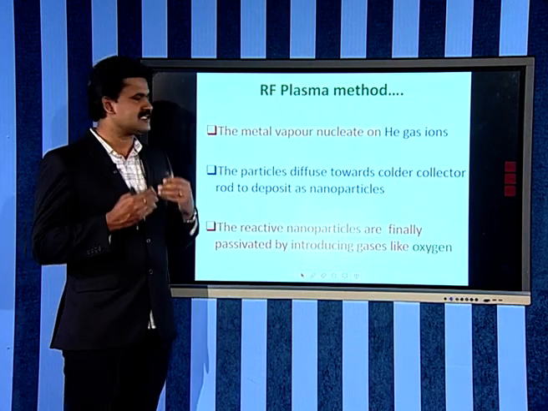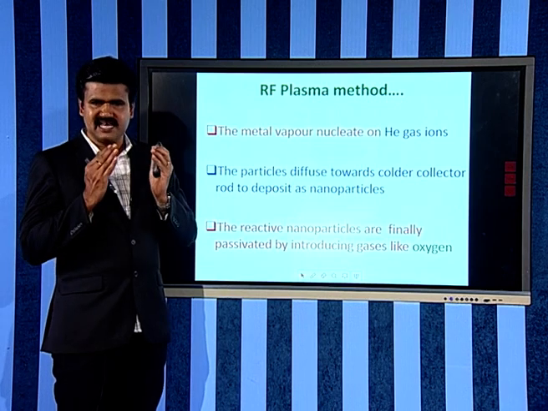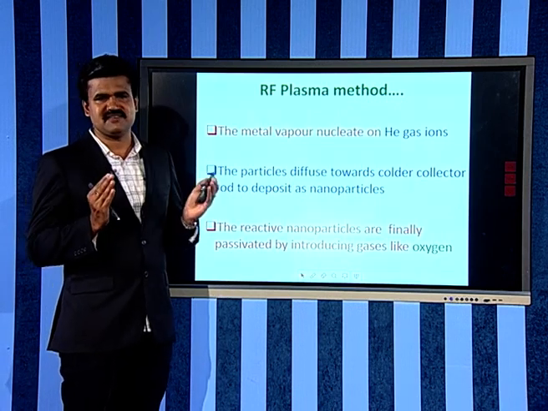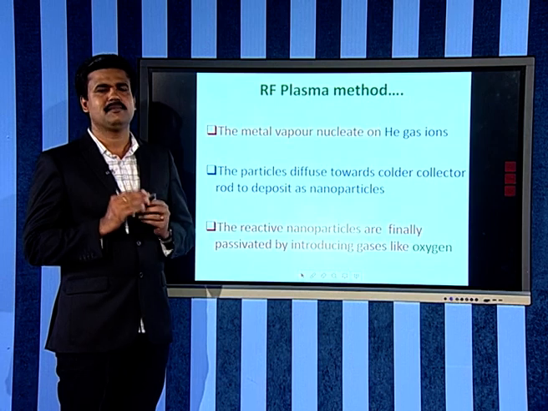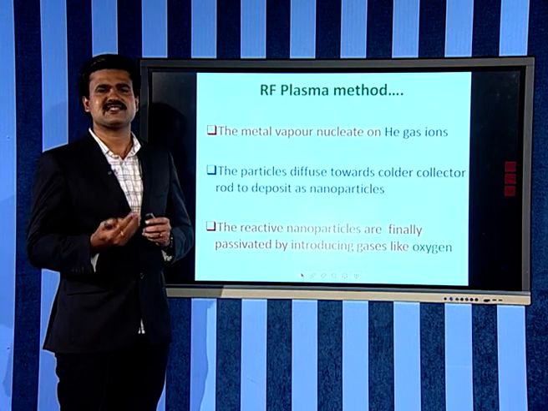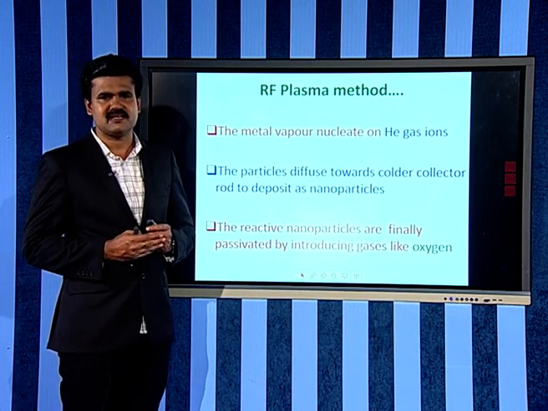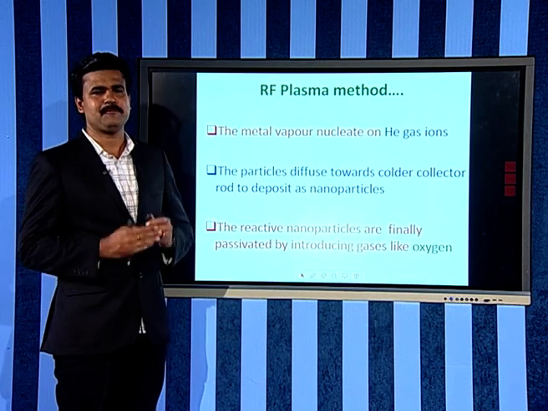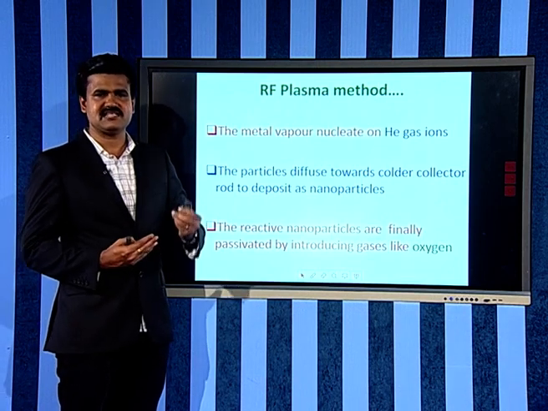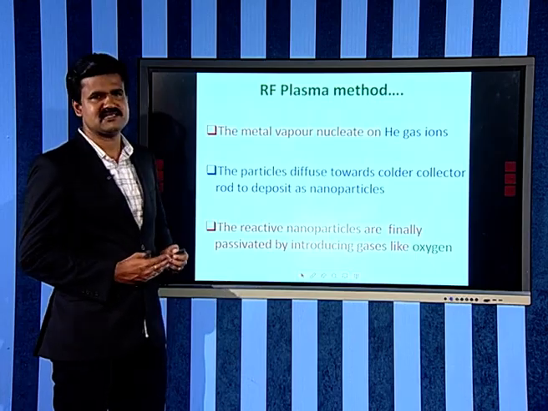The obtained nanoparticles are highly reactive, and they are passivated, that is, made inert, by introducing gases like oxygen. That is, oxygen gas is used for the passivation of the reactive product nanoparticles.